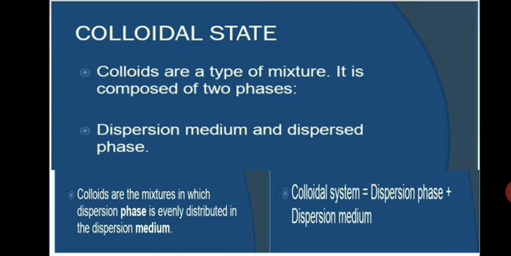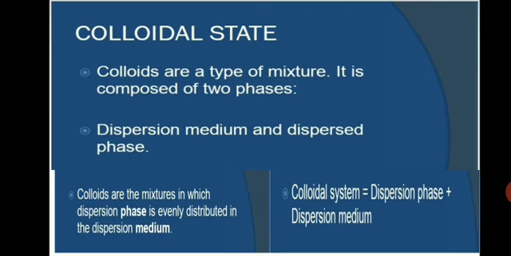It can be solid in solid, solid in liquid, solid in gas, or liquid in solid, liquid in liquid, liquid in gas. Then gas in solid, gas in liquid or gas in gas. Thus we get 9 types of solution.